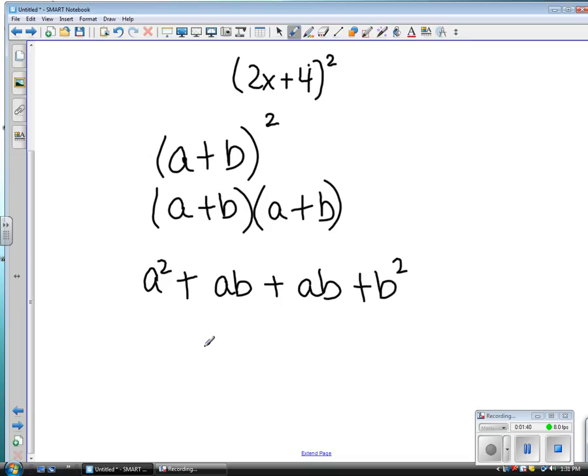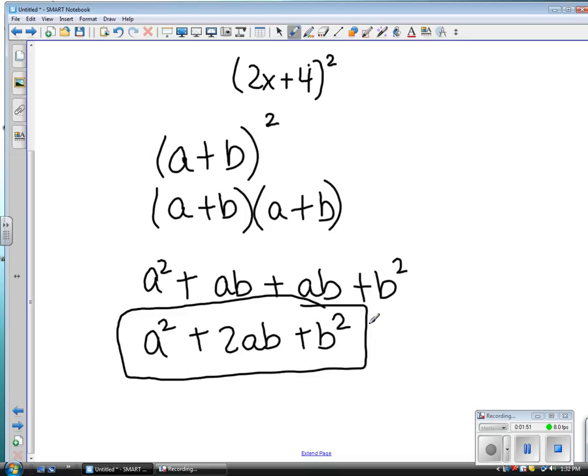Can I add any terms? Yes, so it's a squared plus 2ab plus b squared. This is the formula for this. So anytime you have a plus b squared, you're going to be able to go straight to this formula.